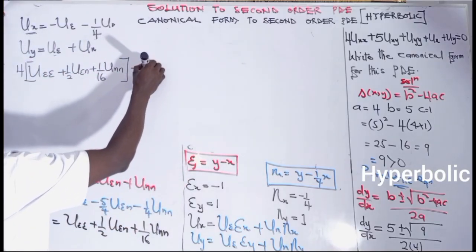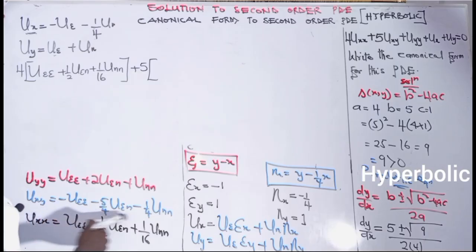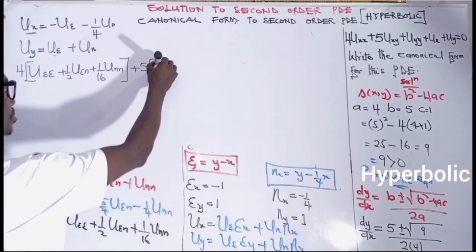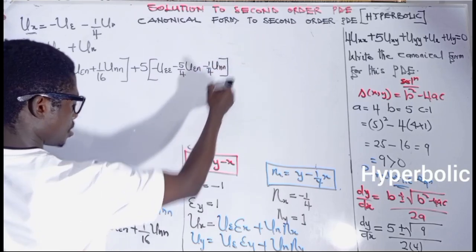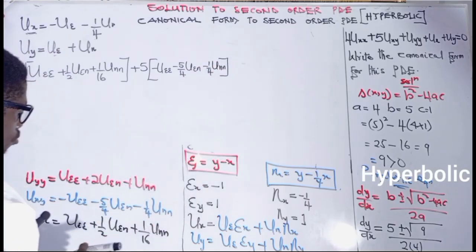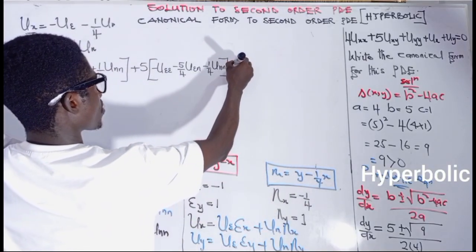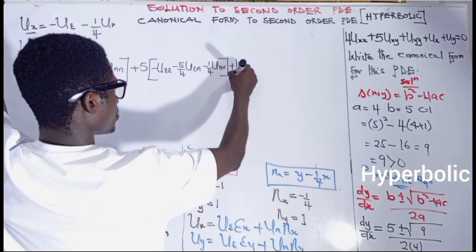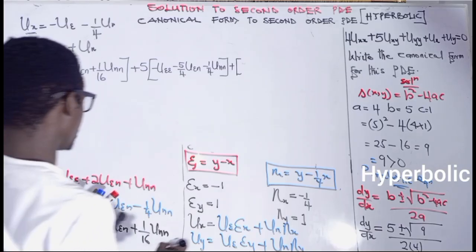So the coefficient is 5, and then u_xy, and we plug in the whole of this. Then we move on to u_yy. So for u_yy, we plug in the whole of this.